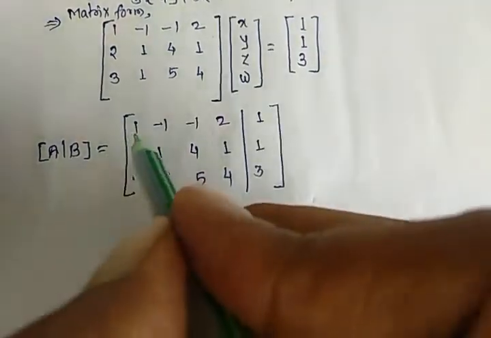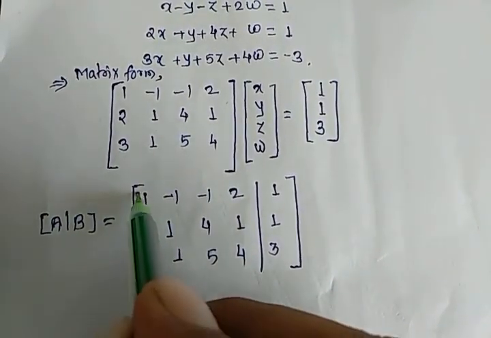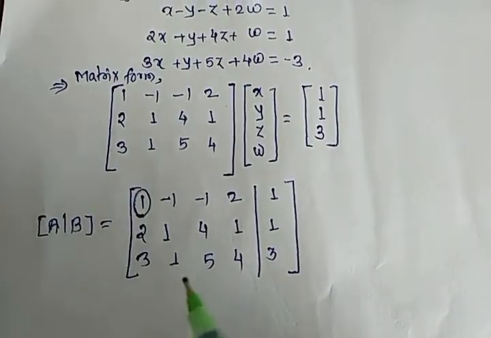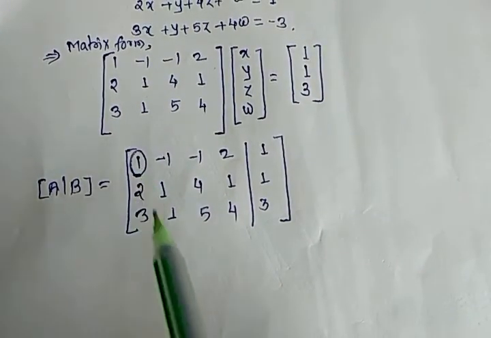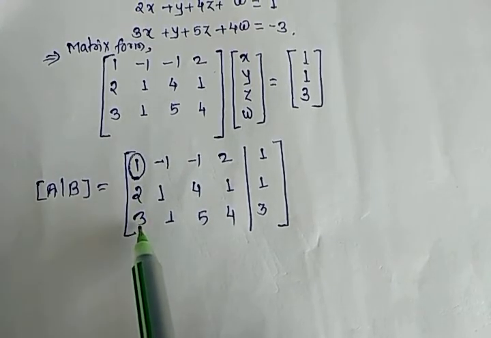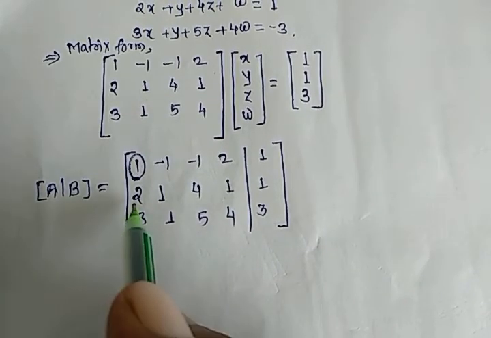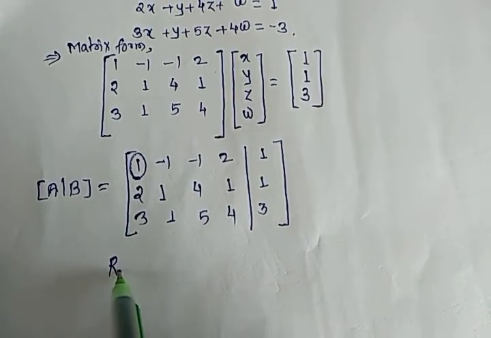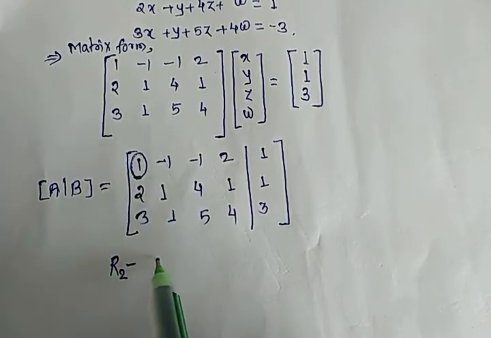Now we solve it by the Gauss-Jordan method. First we have to find the reduced row echelon form. Here A11 is the leading 1, so we convert the A21 and A31 positions to 0 using row operations. For this we use the row operation R2 minus, because these are both positive, between R2 and R1.